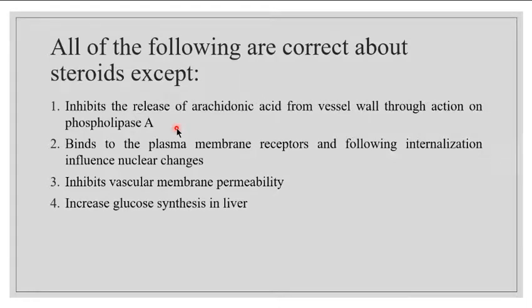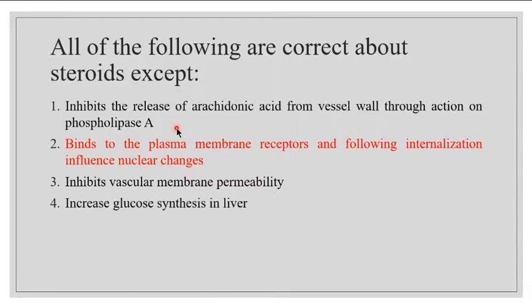Okay. So we said that corticosteroids are required for various functions, and among those various functions, corticosteroids allow a permissive effect for smooth muscle relaxation, which means vascular smooth muscle relaxation and bronchial smooth muscle relaxation.